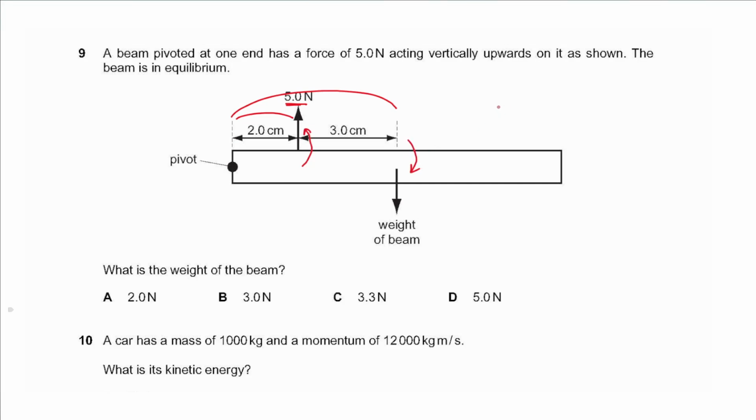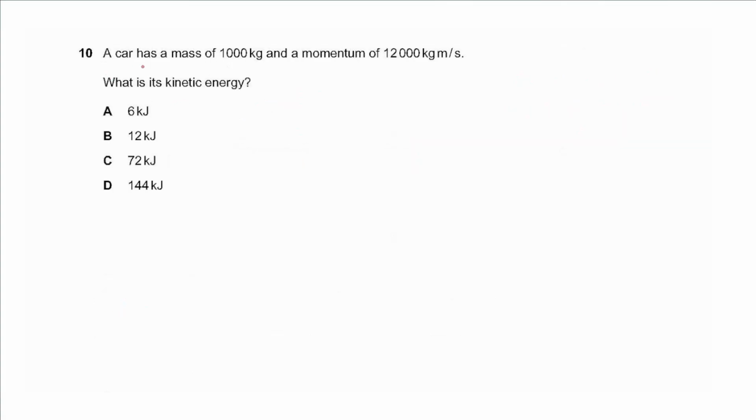If it is in equilibrium, clockwise moment must balance the anti-clockwise moments, so we say that the weight multiplied by the distance 5 is equal to the force 5 multiplied by the distance 2. So if we divide by 5 on the other side, we get an answer of 2 newtons, so we choose A.